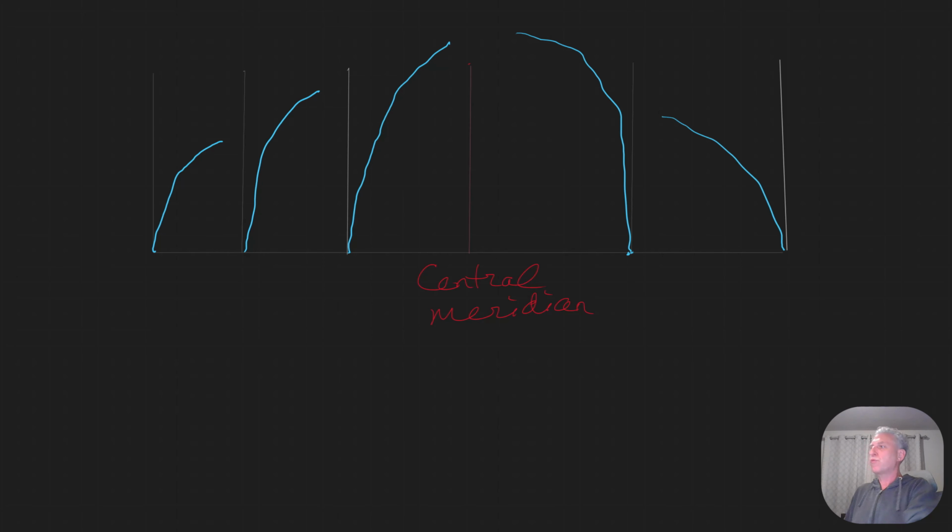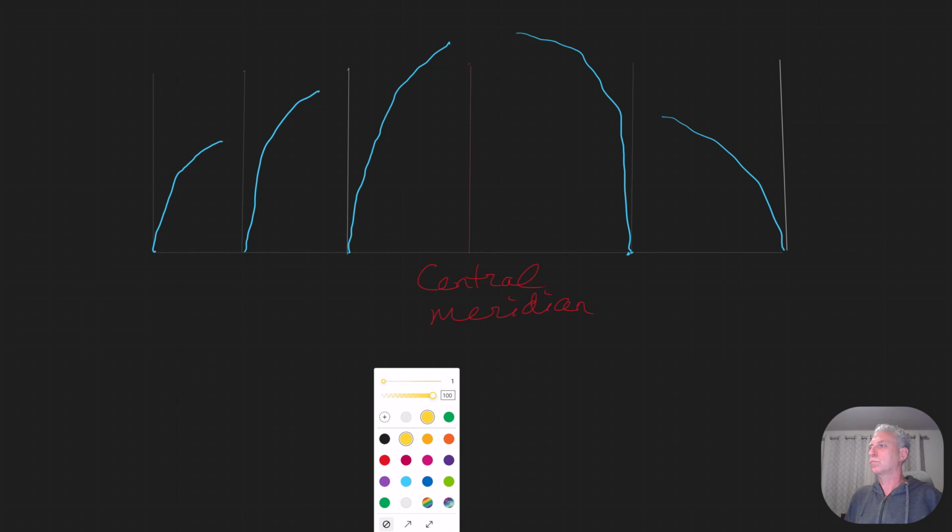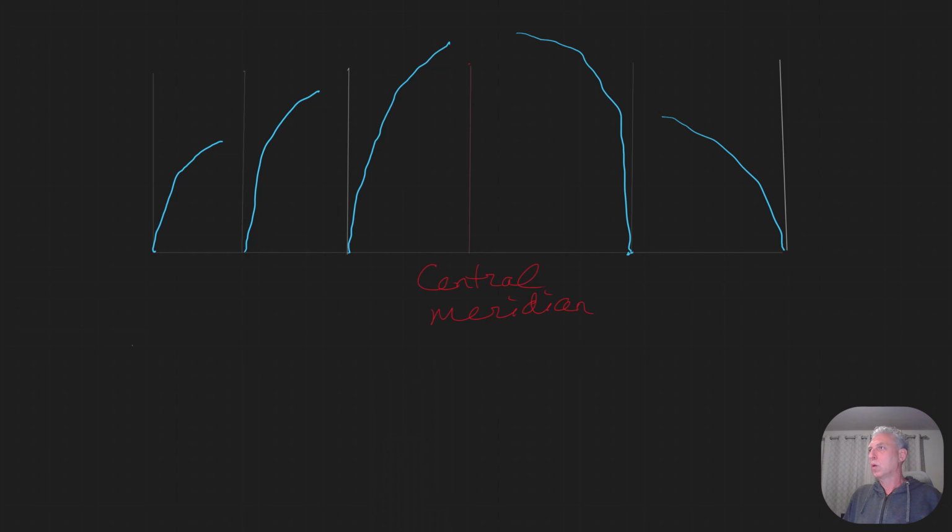Okay. From this, we get a couple of observations. One, convergence, let's see, decreases. I'm going to say the magnitude or absolute value of convergence decreases as we approach the central meridian.